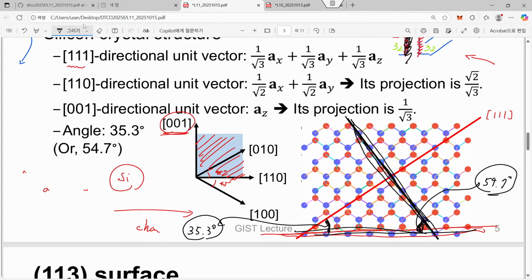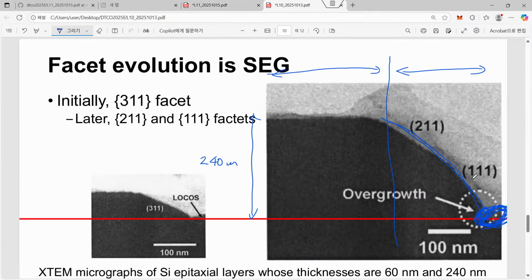So simply speaking, the diamond structure we are observing, especially in silicon germanium epi layer, is corresponding to just 1 surface, and this angle is 54.7 degree.